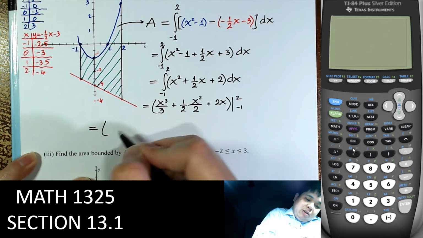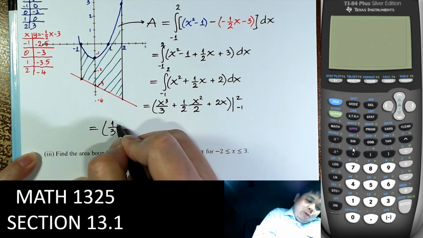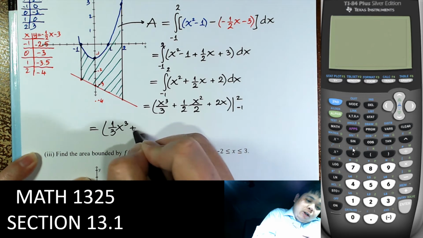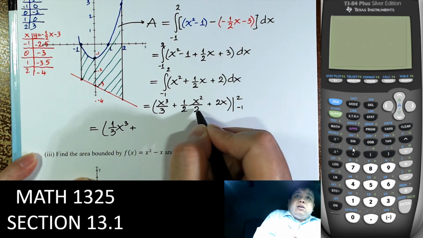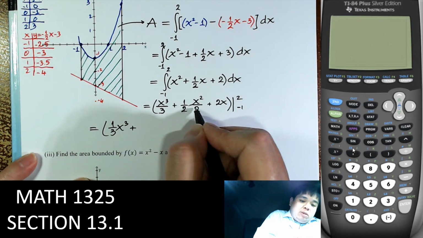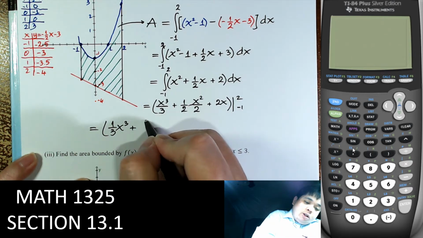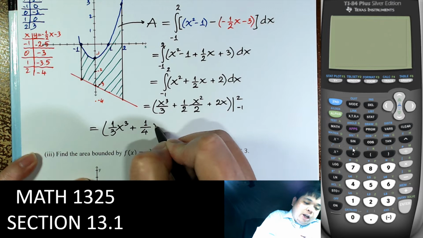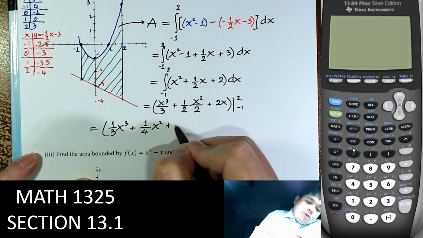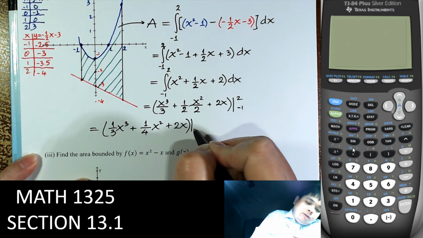Right, let's simplify this a little bit. 1/3 x cubed plus 1/2 with the 2 at the bottom. So 2 times 2 is 4. So 1 over 4 x squared plus 2x from -1 to 2.